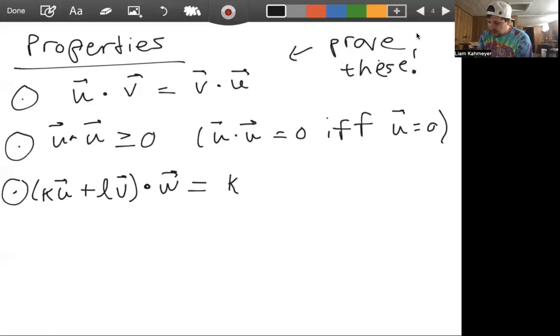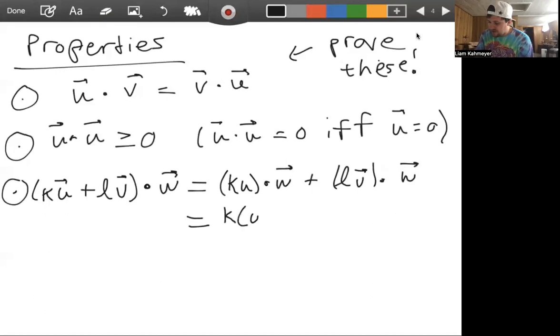So this would be ku dot w plus lv dot w. But then the extension of this property is that you can pull the scalar out front. And so this is k times u dot w plus l times v dot w.